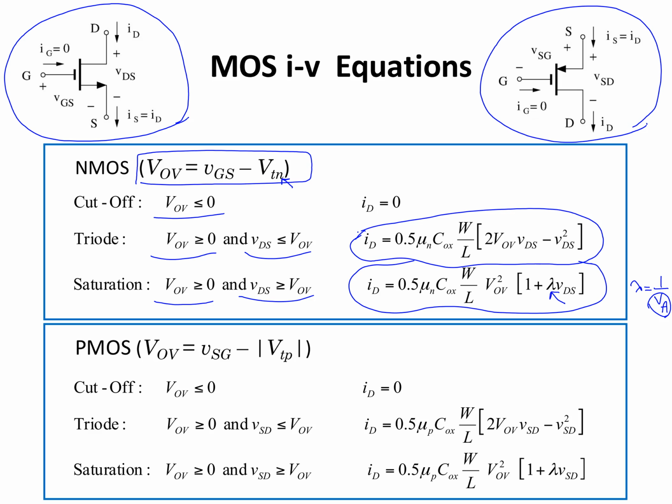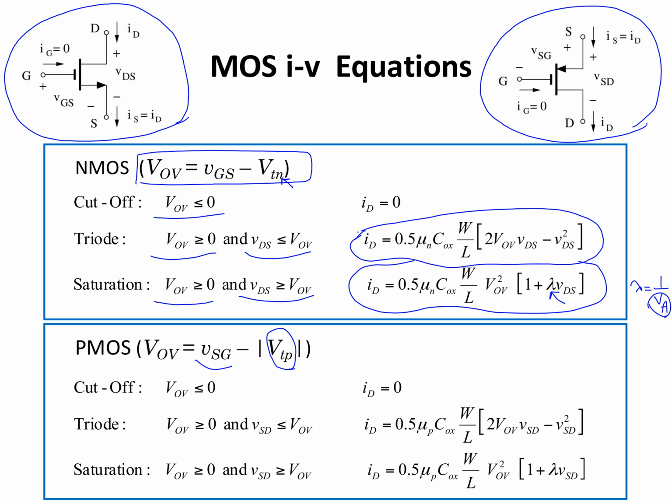For the case of PMOS, we're going to use VSG instead of VGS because VSG is positive, and we're going to use the threshold voltage V sub TP with an absolute value, because the threshold value for a PMOS transistor is a negative value.